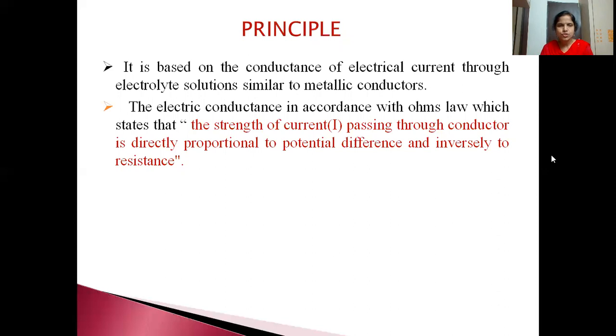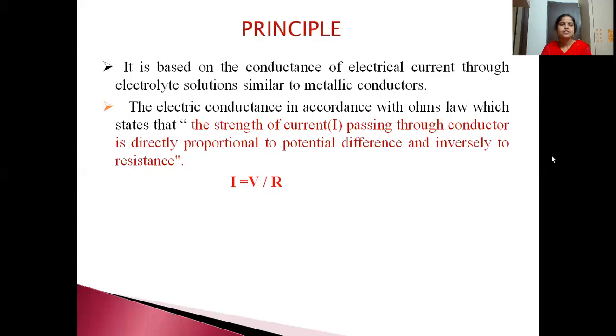Now, what is Ohm's law? The strength of the current passing through the conductor is directly proportional to the potential difference and inversely proportional to the resistance. So the current has to pass through this electrolyte solution, and the strength of the current passing through the conductor should be directly proportional to the potential difference.